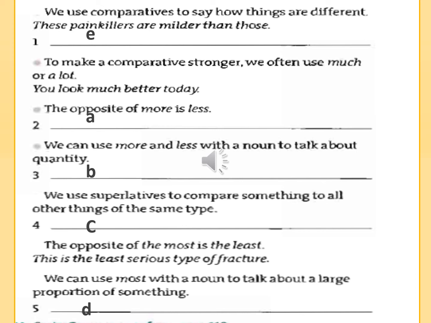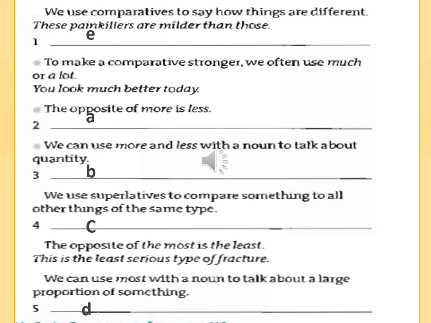Number 5. The rule number 5 is we can use most with a noun to talk about a large proportion of something. The correct answer here is D. Example D is the correct answer.